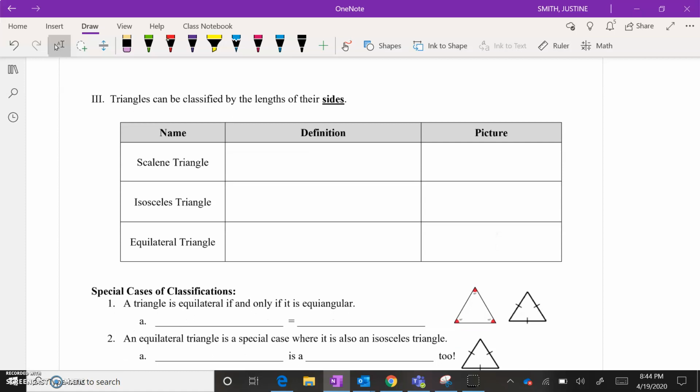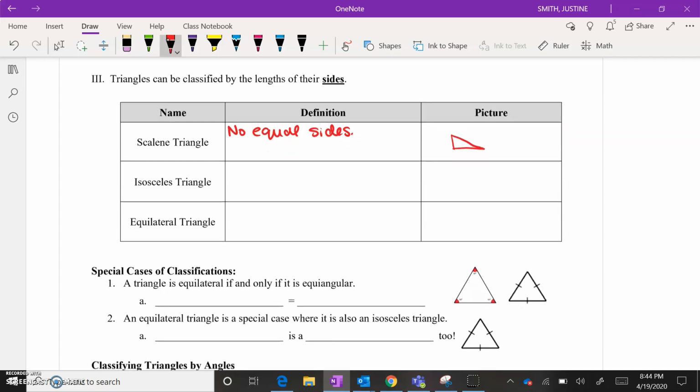Okay, we can also classify triangles by their side lengths. So we can have a scalene triangle, which has no equal sides. Okay, so this would just be a triangle, and there would be no markings on the sides at all. So that means that we don't know anything about the side lengths. Okay, isosceles has two equal sides.